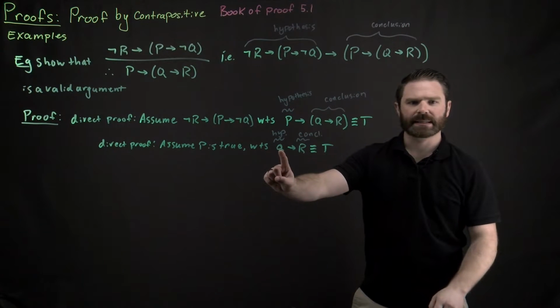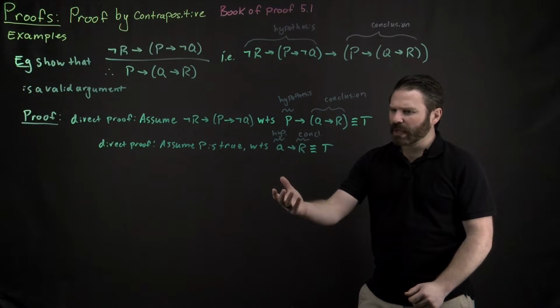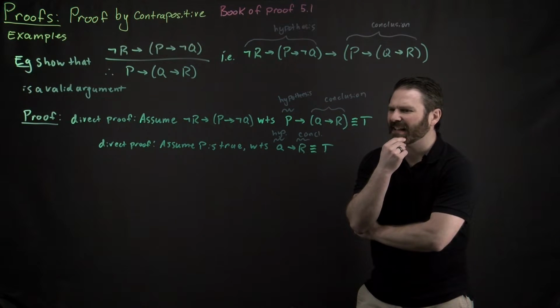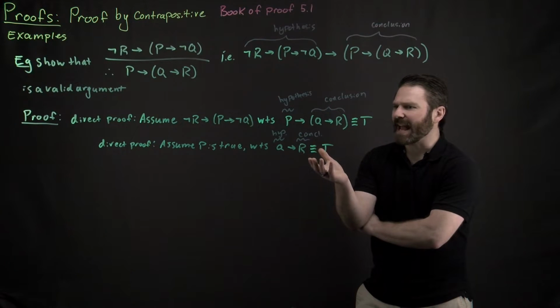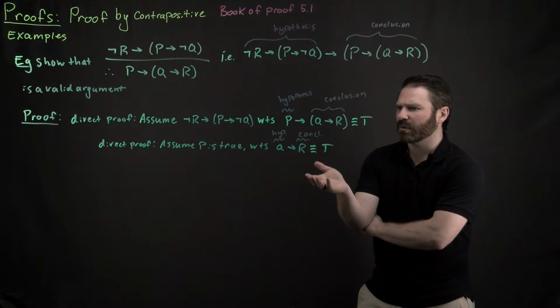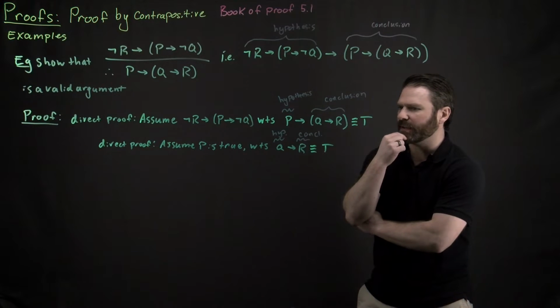My hypothesis is Q, and my conclusion is R. And if I assumed Q and I wanted to show R, well, unfortunately, nothing that I've talked about so far said anything about the truth value of either Q or R. So direct proof of this particular implication would be a little bit difficult.